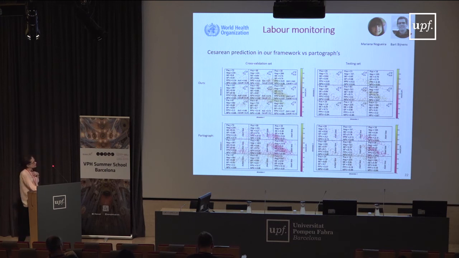So the first thing that we can see is that our approach is better than just doing the prediction with the Partograph, because the Partograph has many regions that are pink, so they have a lower sensitivity or specificity. Also, there is a gradient towards the right, with better predictions towards the right and not towards the left.